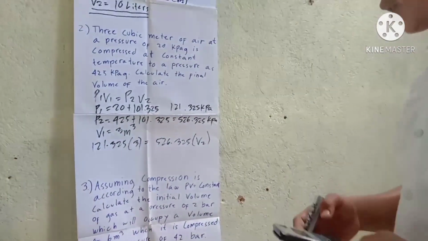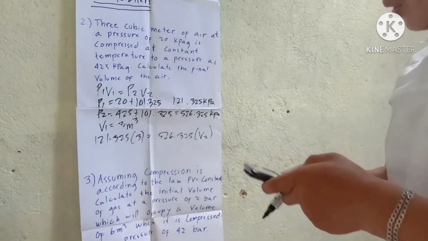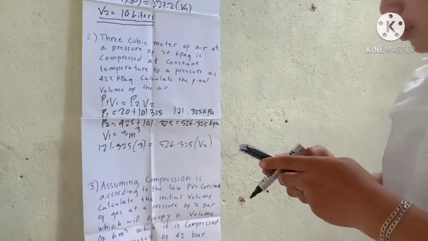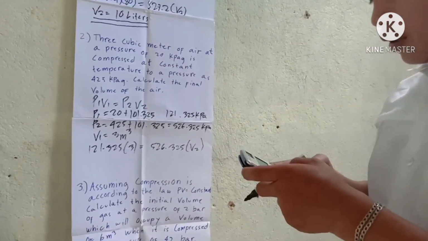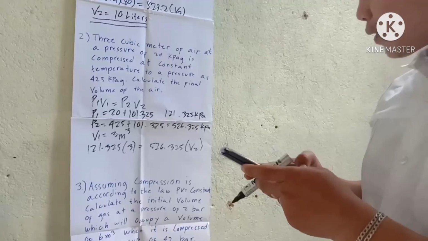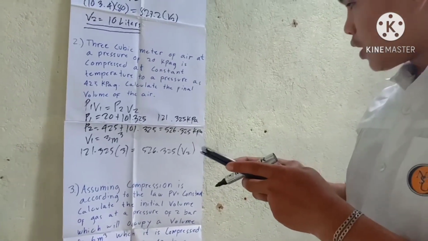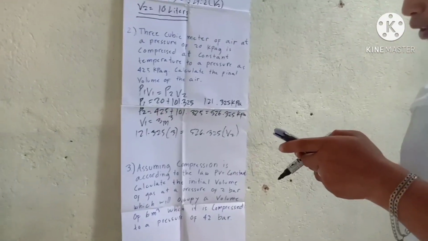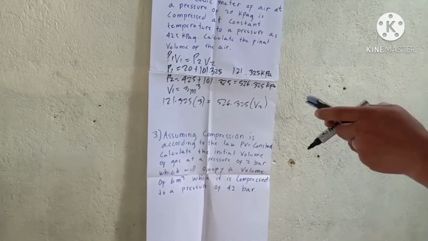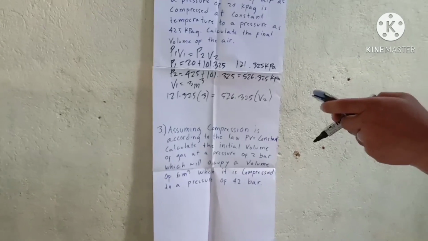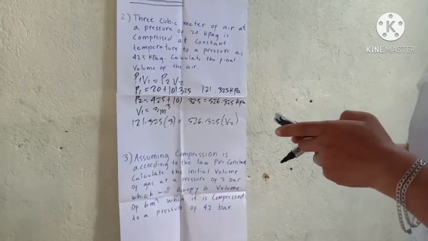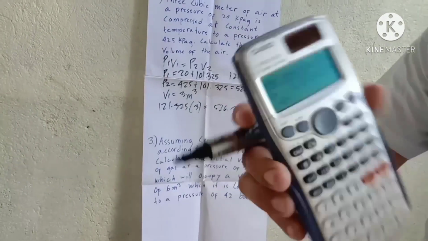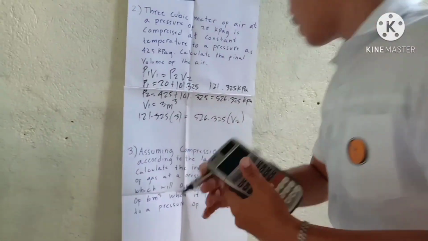Now we are going to shift solve. So the final answer of the volume is 0.69 meter cube.